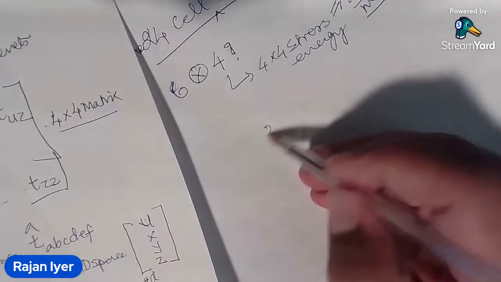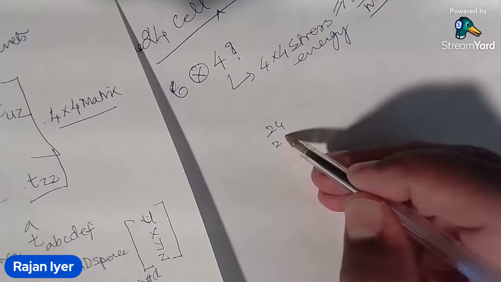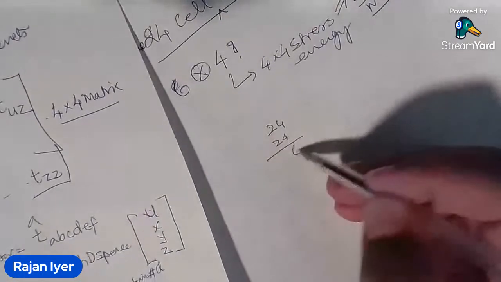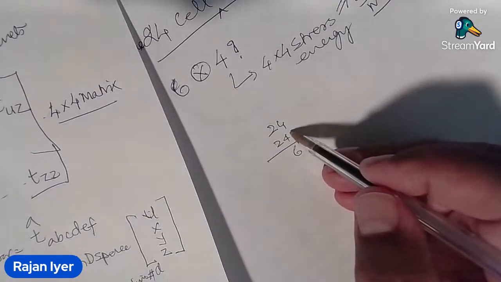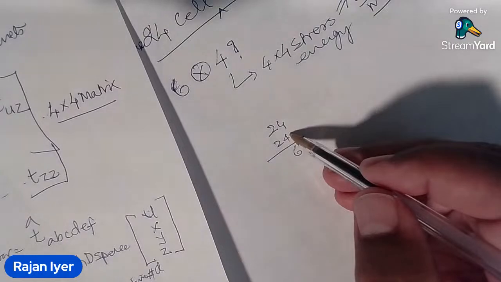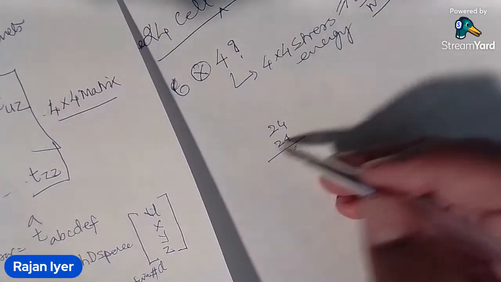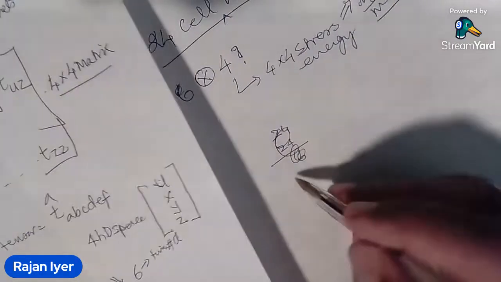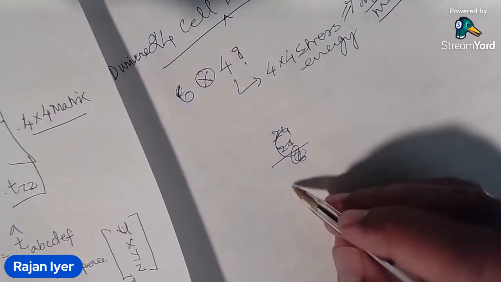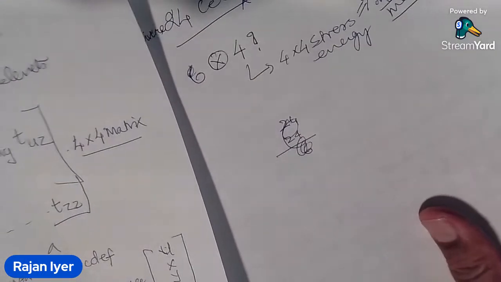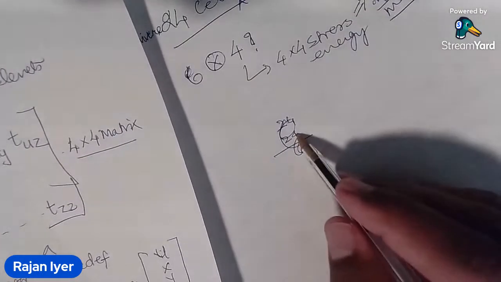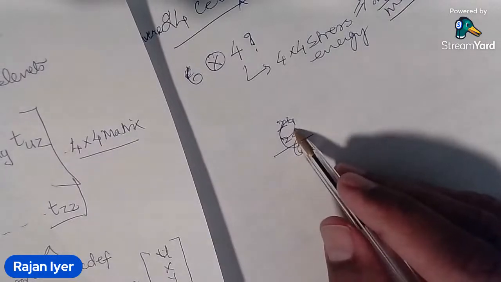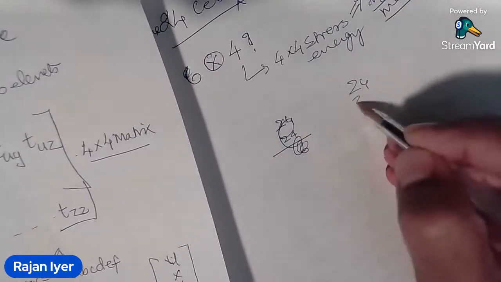So let's say what is 24 times 24? Let's calculate. Is it 288? Probably a lot more than that, something like 400. Let me find out.